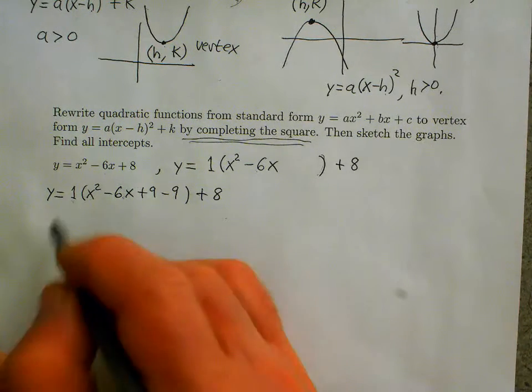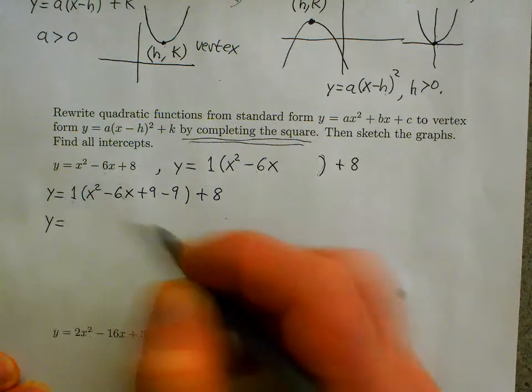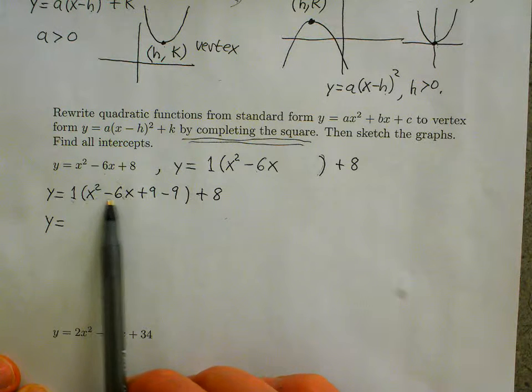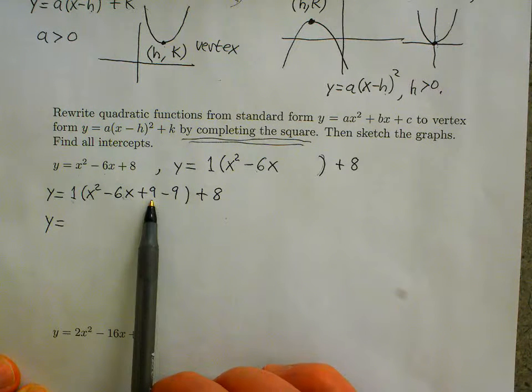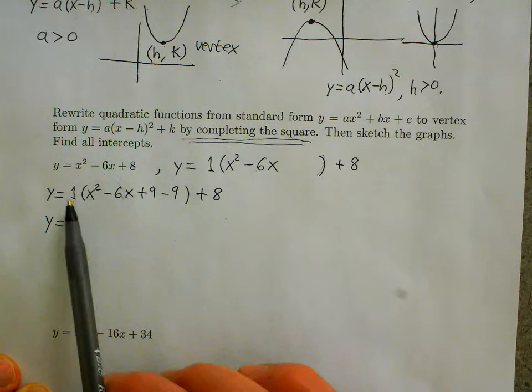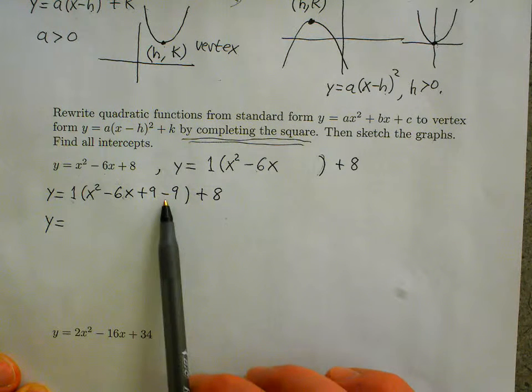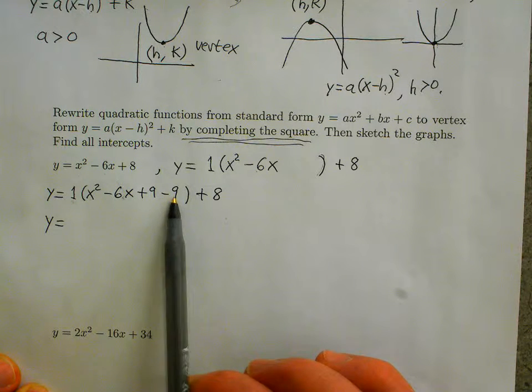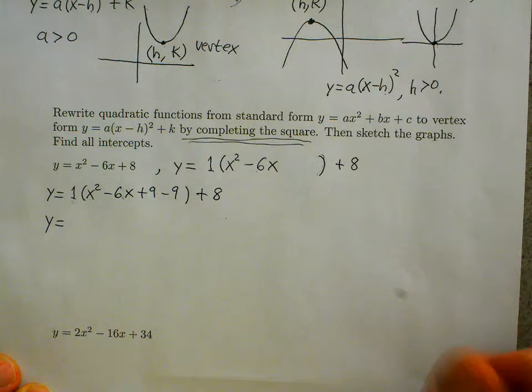Okay, in the next step, we're going to keep the perfect square trinomial inside the parentheses, but we're going to move this 1 times negative 9 so that it's on the outside of the parentheses.